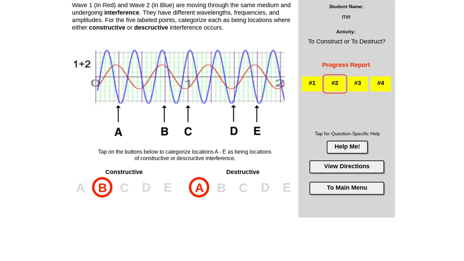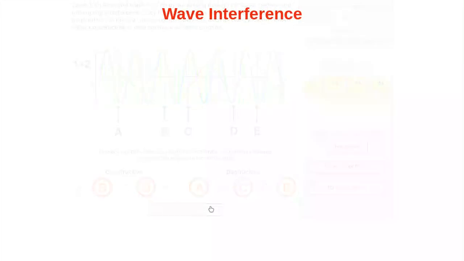A crest passing over a trough is going to destruct. So position C is destructive. At D, both red and blue are in a trough position. Like parts, a trough with a trough, will create constructive interference. So D is constructive. And at E, we have red in a crest position and blue in a trough, which forms destructive interference. So we check our answer and we're good.